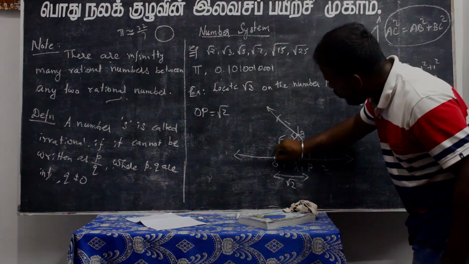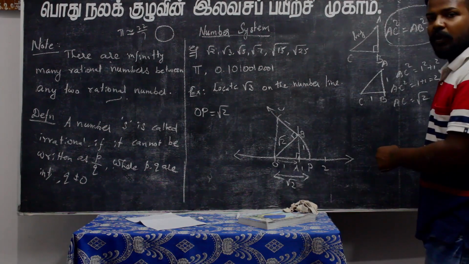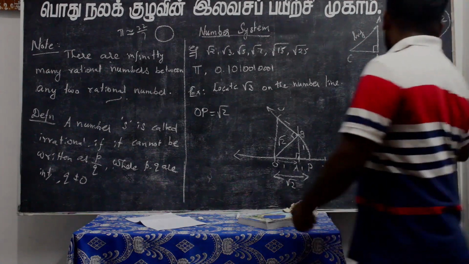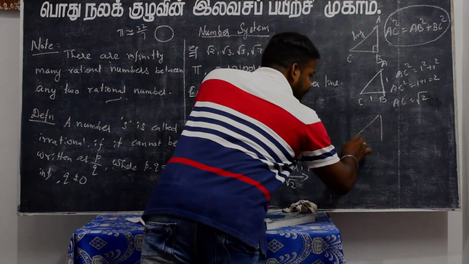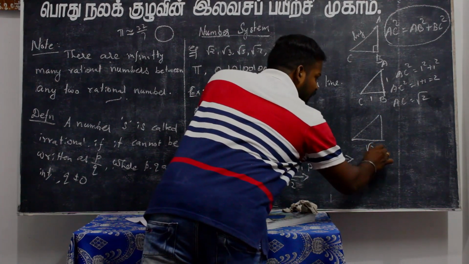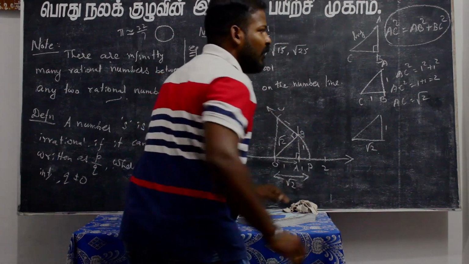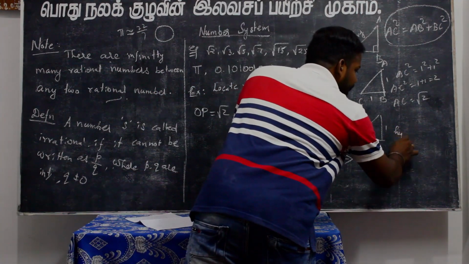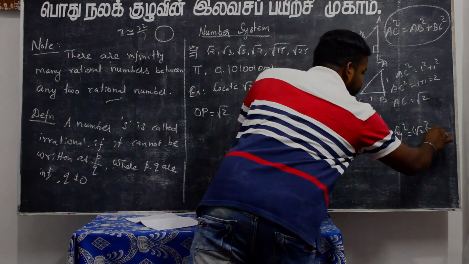If you join O and this C, what is OC? Same procedure we are going to follow here. In a right angled triangle, one side is root 2 and another side is 1. What about the hypotenuse? Hypotenuse square is equal to root 2 square plus 1 square.